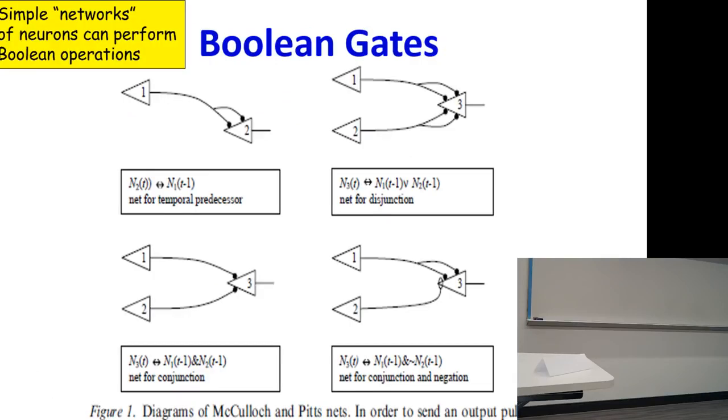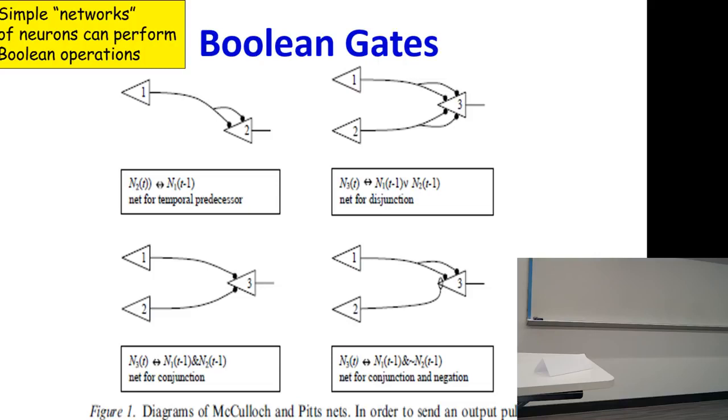And they showed that this model can perform all kinds of Boolean operations. So here, for example, every time 1 fires, a little later 2 fires, because it's expecting 2 inputs. If 1 fires, 2 gets 2 inputs. So this is just a delay. Here, if either 1 or 2 fire, this is going to get 2 inputs. So this is an OR. Here, both of these must fire, and only then will this fire.